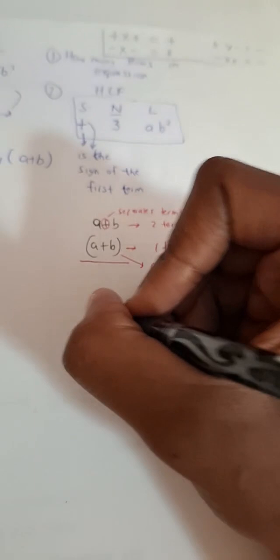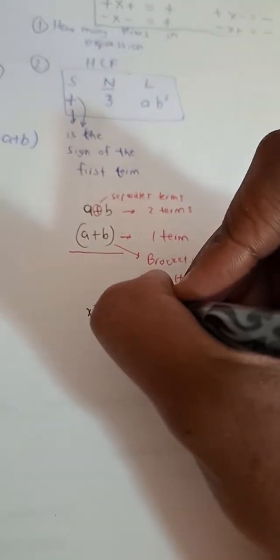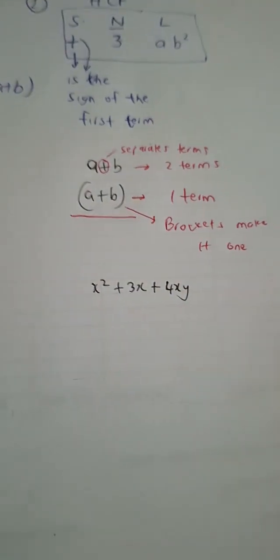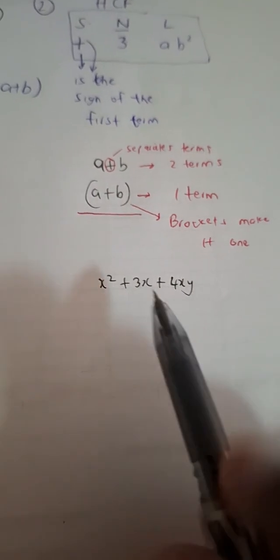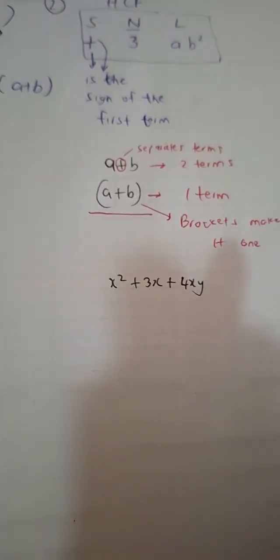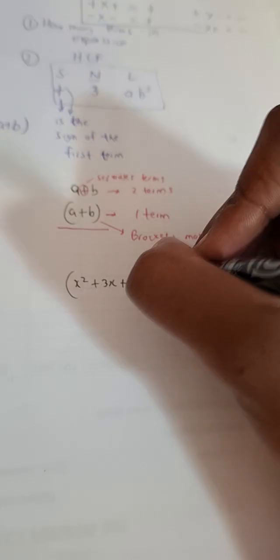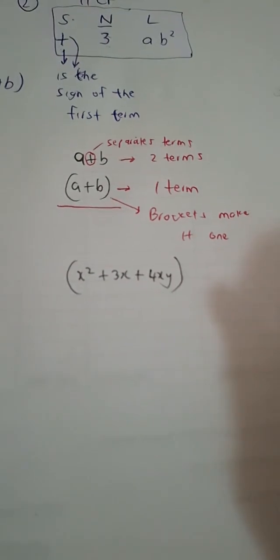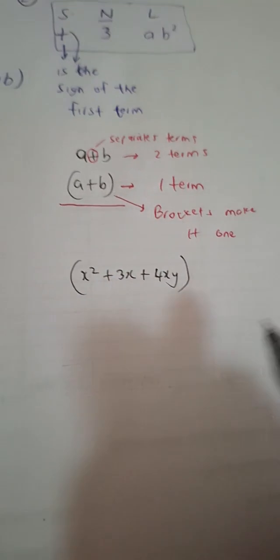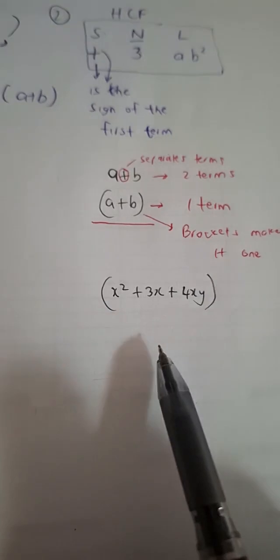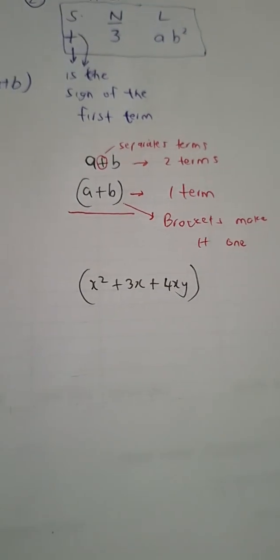So, sir, are you saying, in other words, that I could have something like this, and you say how many terms in this expression, and you tell me it's 3, and then if I put brackets around these 3 terms, how many terms would this be?